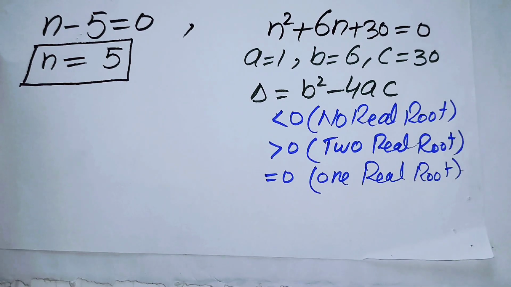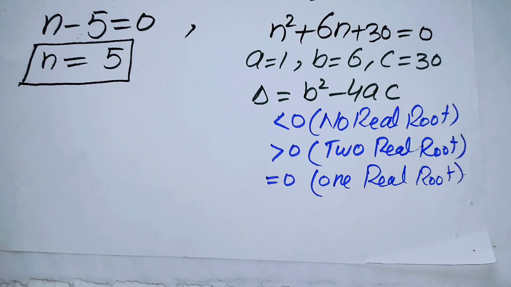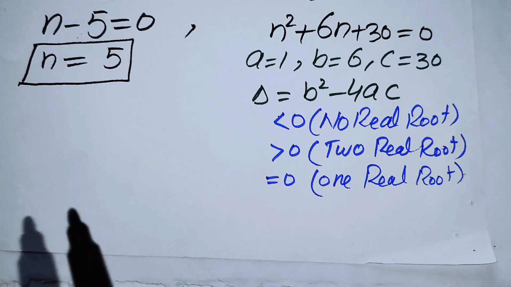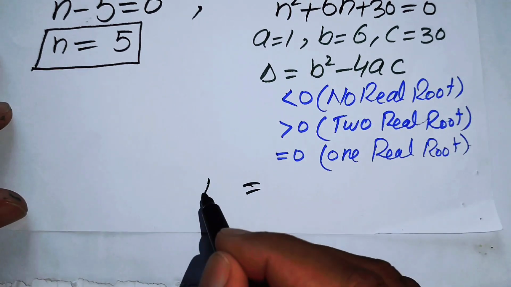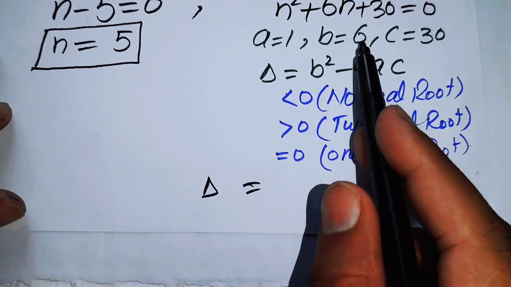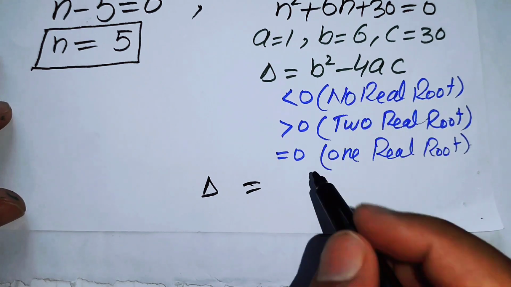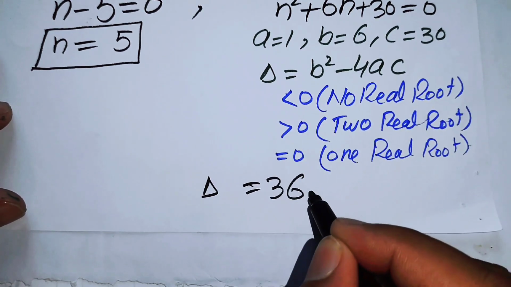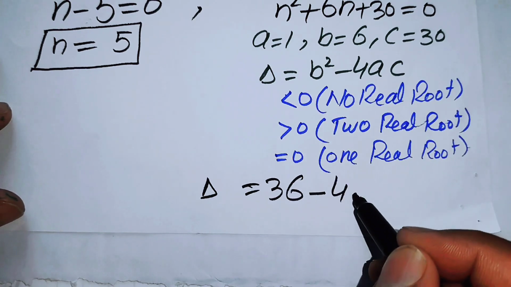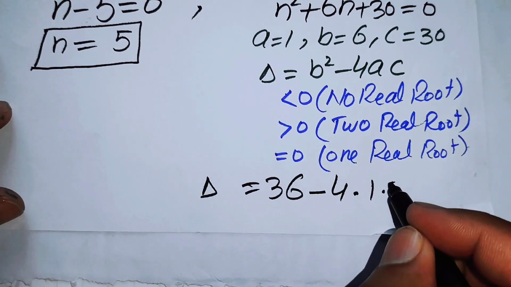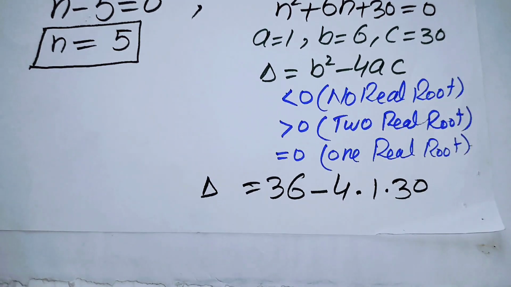So now we check the behavior of this delta by putting the values of a, b and c here, so delta is equal to b squared. The value of b is 6, so 6 squared is equal to 36, minus 4 times a is 1 and c is 30.